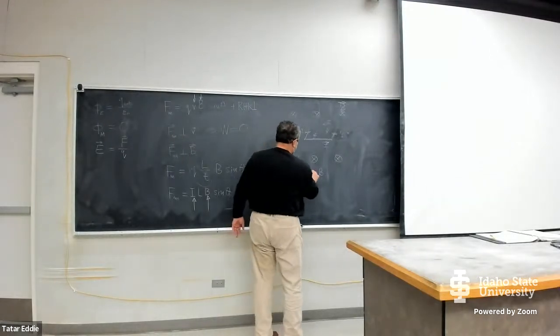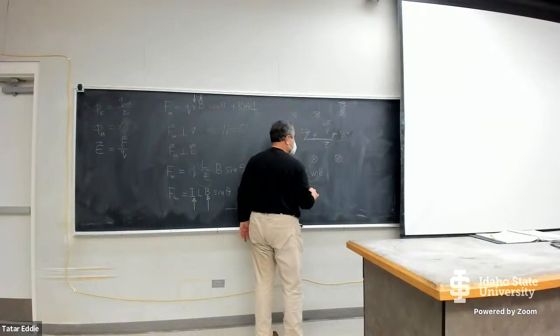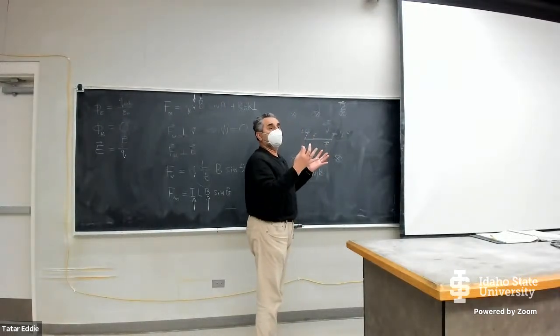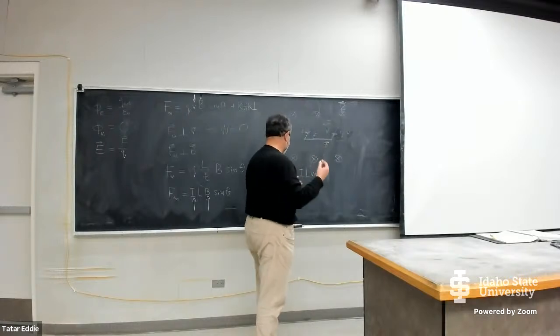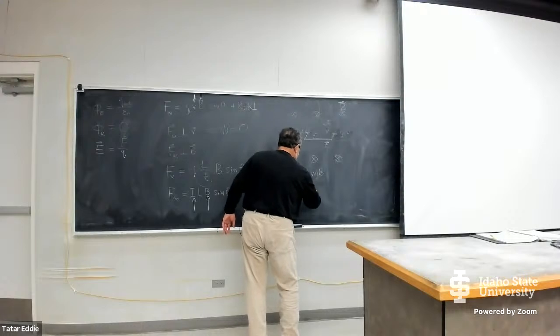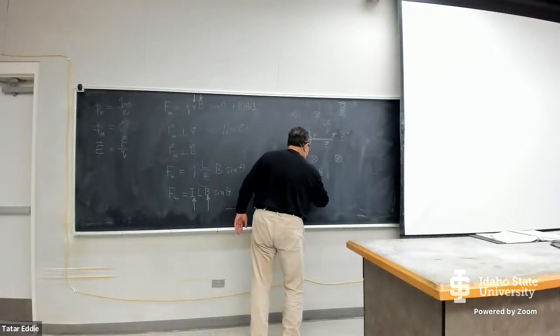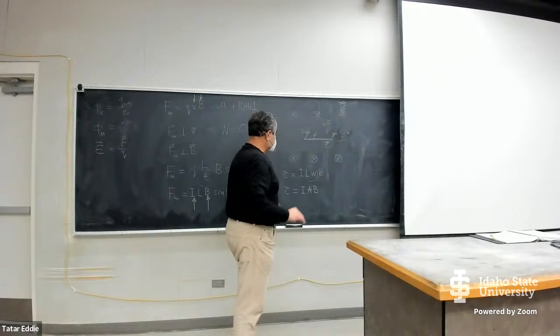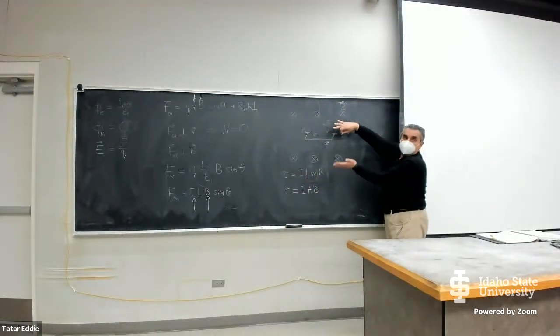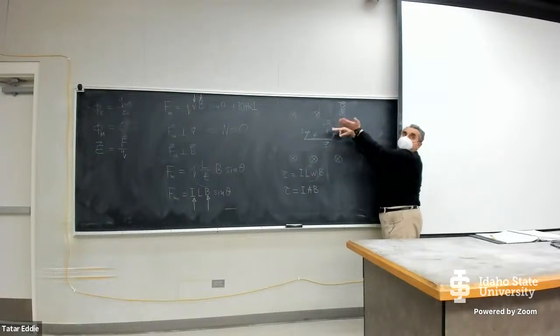Now, the product of the two sides of the rectangle gives you exactly the area of this rectangle. In other words, the torque is going to be current times the area of the rectangle times the magnetic field.